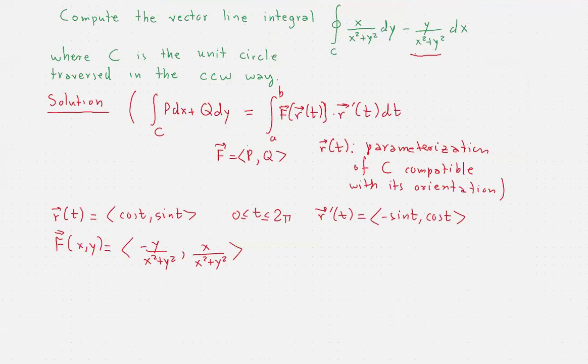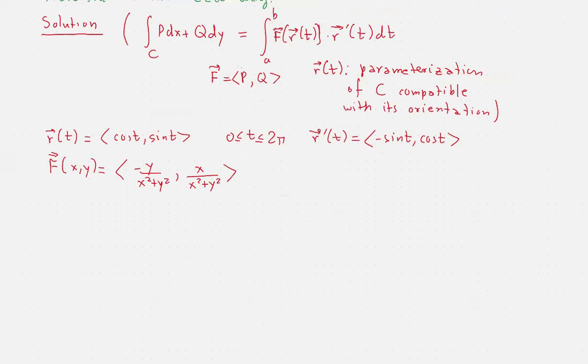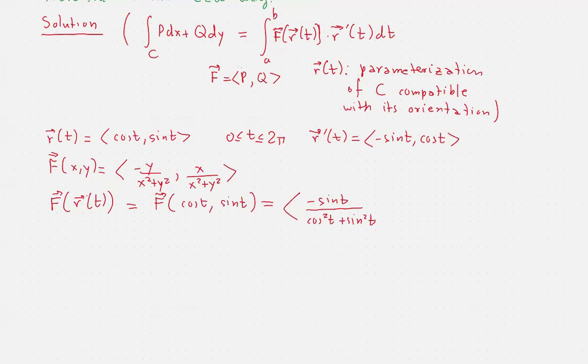Okay, so now what is F of r of t? In other words, what are we going to get if we replace x by cosine t and y by sine t? This is what we should do. And what we're going to get is minus sine t over cosine square of t plus sine square of t, comma cosine t over cosine square of t plus sine square of t.